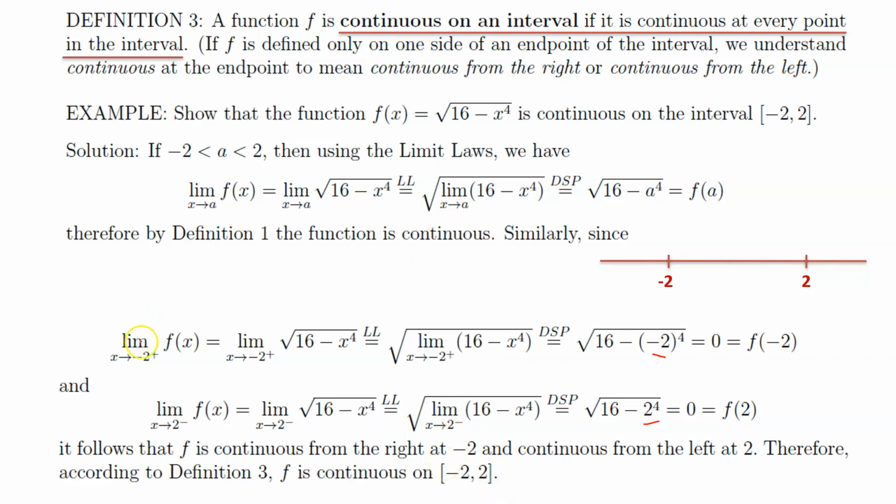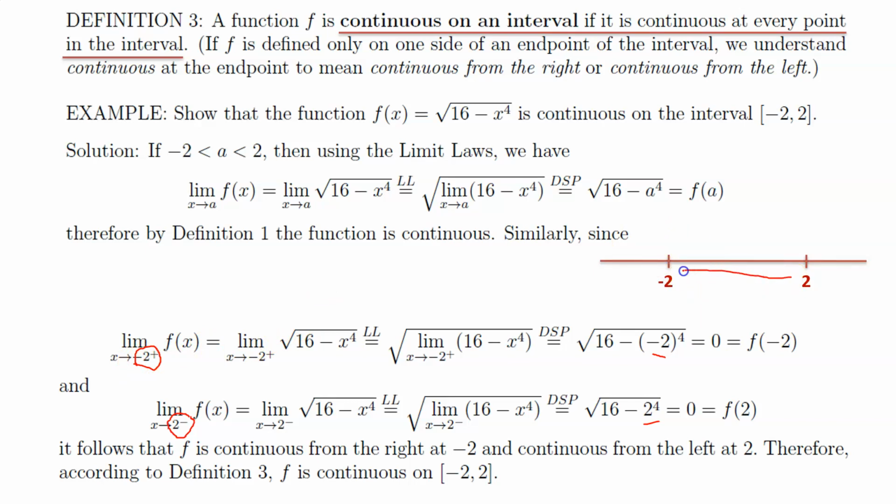Okay, why we only choose this specific -2 from the right, and the other one is x to 2 from the left? Okay, it's because dia dekat sini, dia between this range. Okay, so yang ada dekat sini adalah, you tengok this one, -2 from the right. So this is -2.